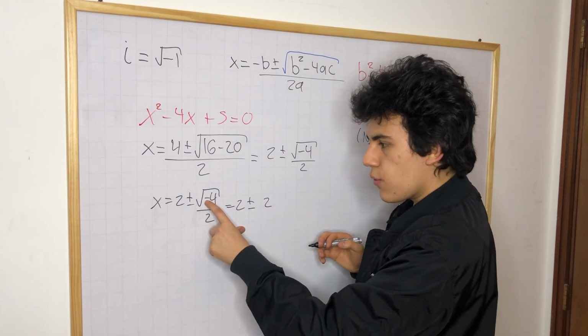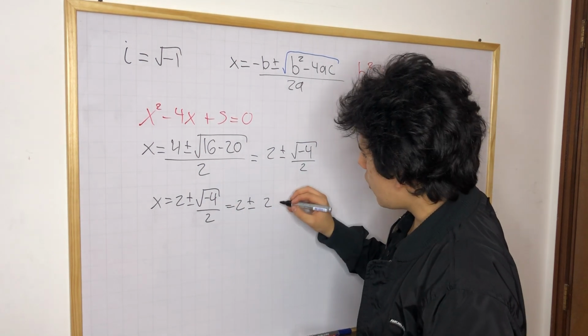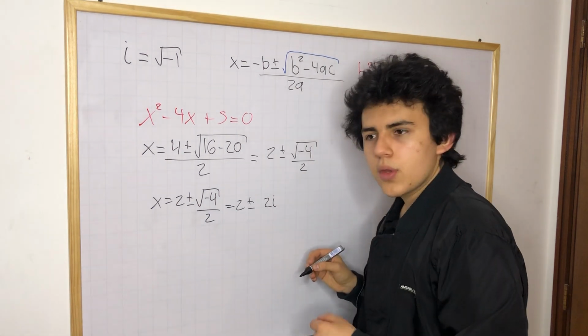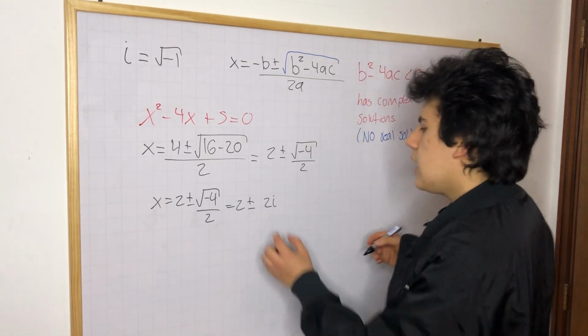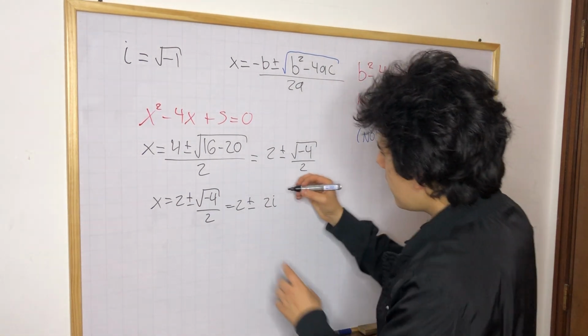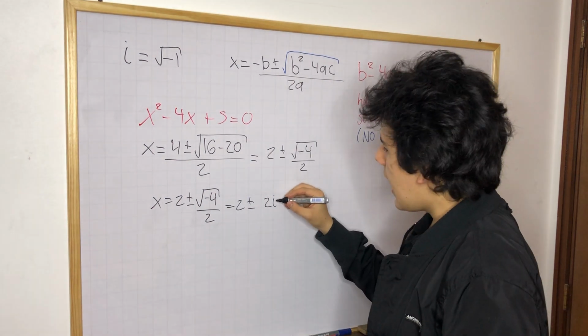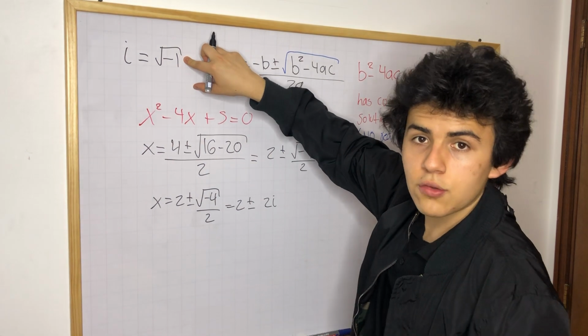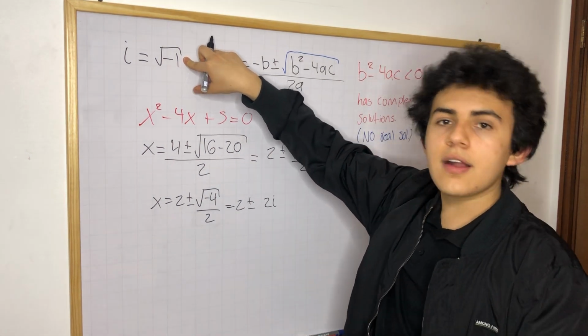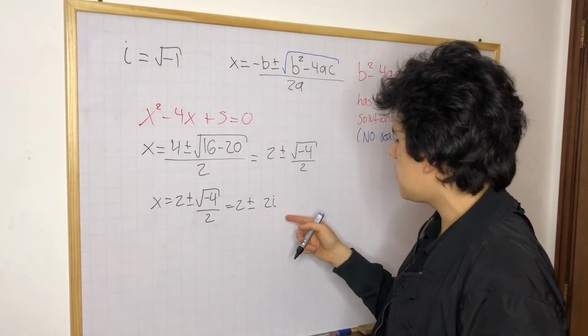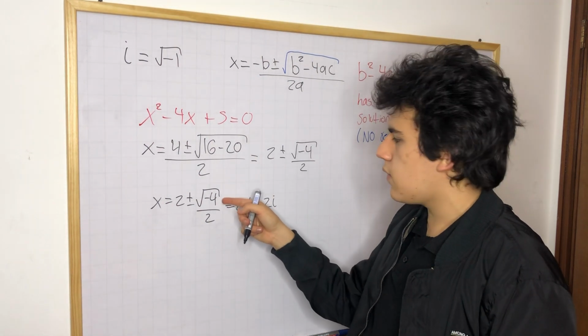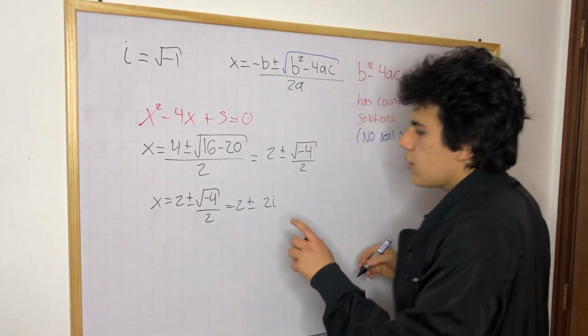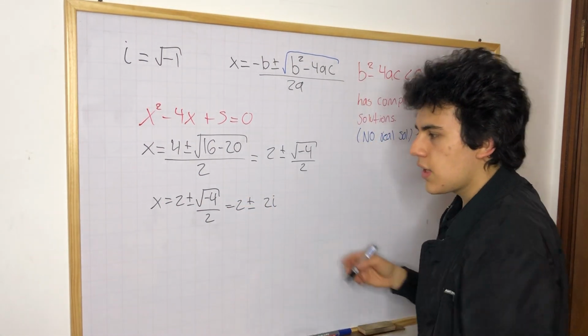And to account for the negative sign, you write i, or the square root of -1. If you square this, you have 2 squared, that is 4, and i is the square root of -1, so the square root of -1 squared is -1. And -1 times 4 gives you back -4, okay? So now, these are the two solutions that we have for x.